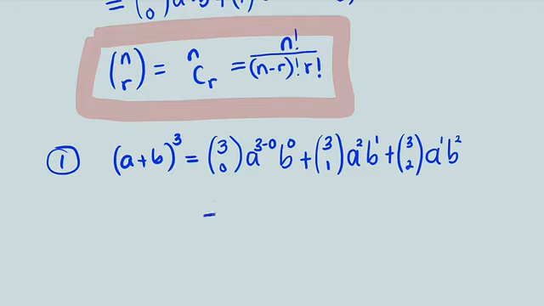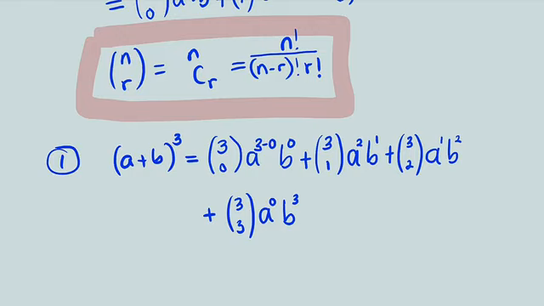And the last one, let me bring it down, 3 combination 3, a raised to the power of n minus 3, that is 3 minus 3 equal to 0, then b raised to the power of 3.